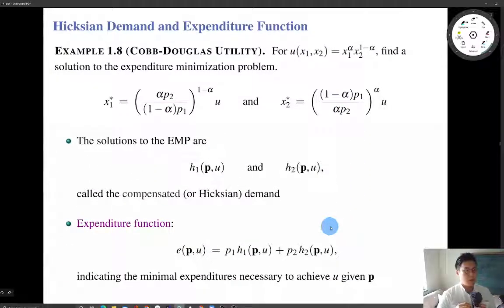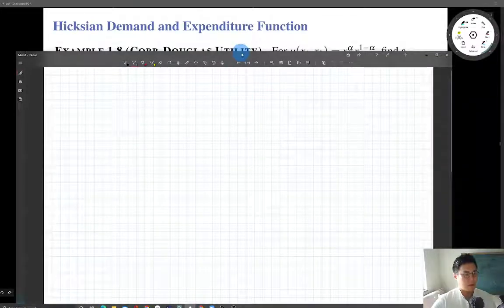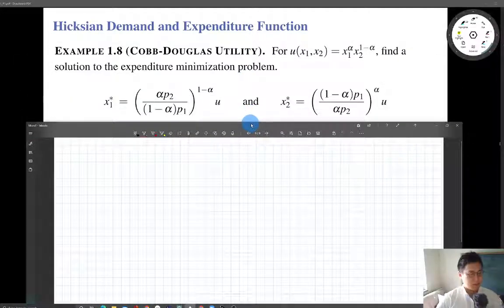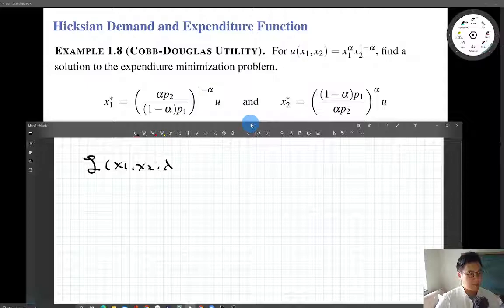And so, in the next slide, we have one example. Once again, Cobb-Douglas utility, and so if we want to find a solution to EMP, all right, then we can set up the Lagrangian like this. L depends on x1 and x2 and lambda.